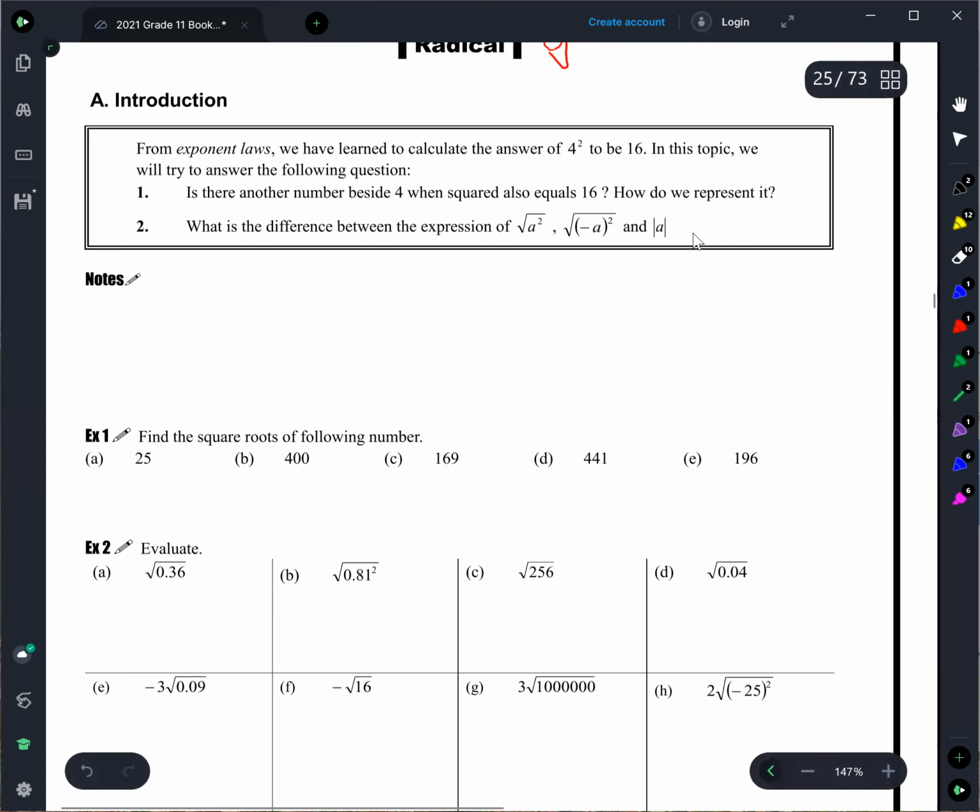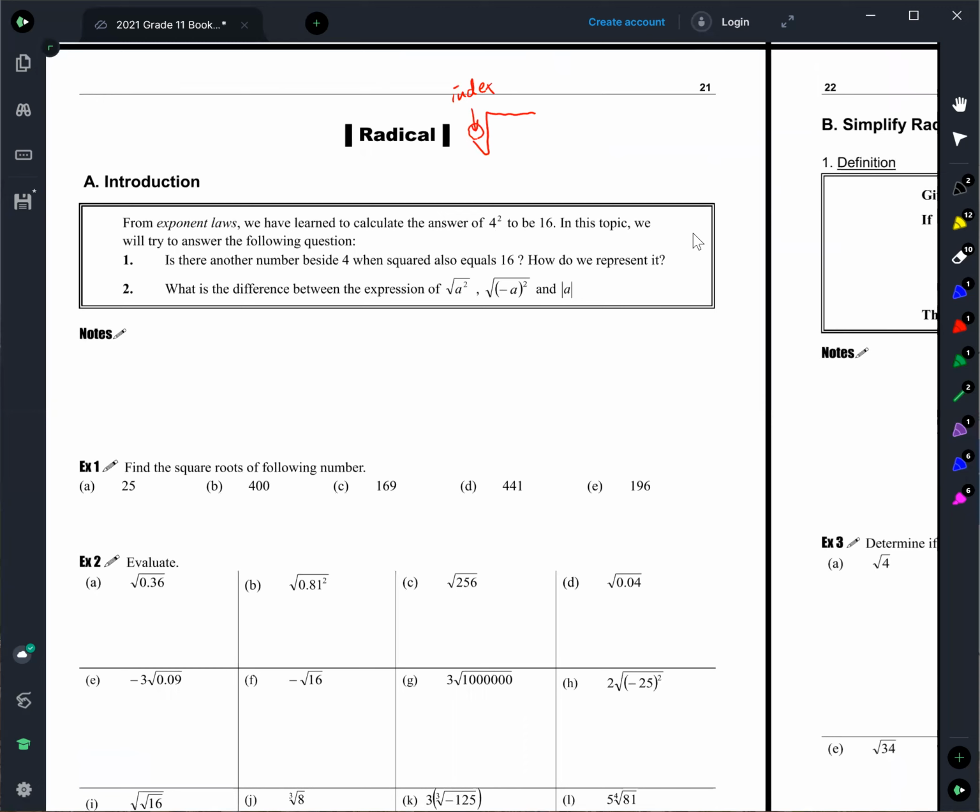yeah, Shanier. Your whole entire page is blank. Page 21, you mean? Okay, other page, you have it?